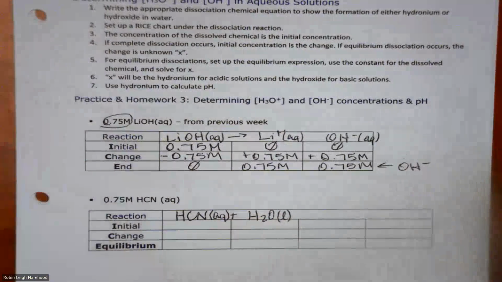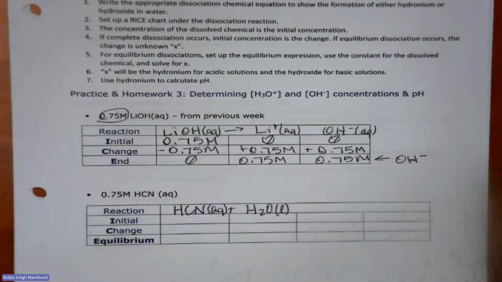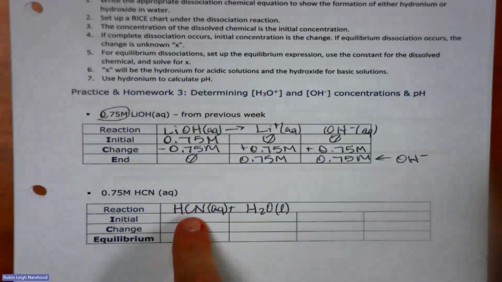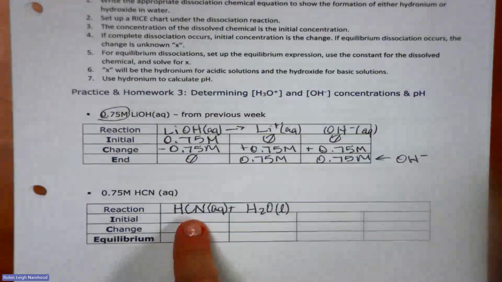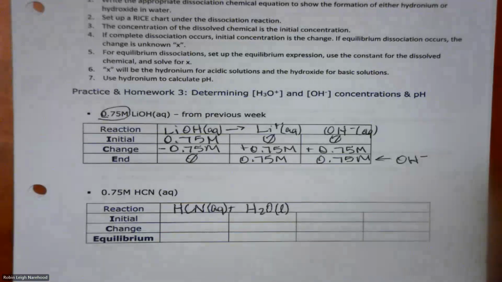For all the things that are either strong or weak acids or a weak base, which is everything other than the hydroxides, you would put the formula of the thing that's dissolving or that has dissolved plus water. Then you just have to decide, is it a strong acid, weak acid, or weak base? Those are just your choices.